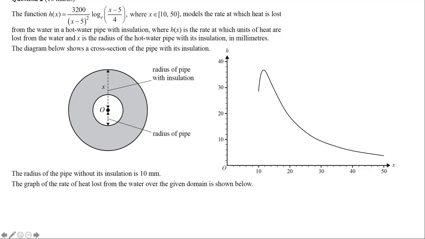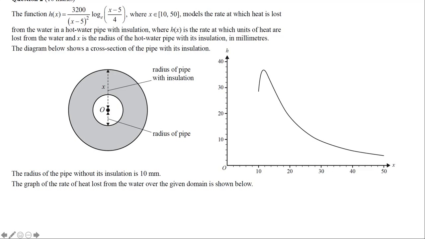The hot water pipe with or without insulation is illustrated in this diagram. The inner circle, the inner white circle, is the cross-section area of the pipe. The outer shell is the insulation part with X value here measured from 0.